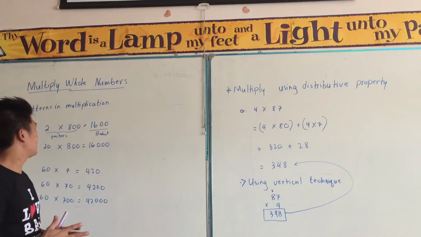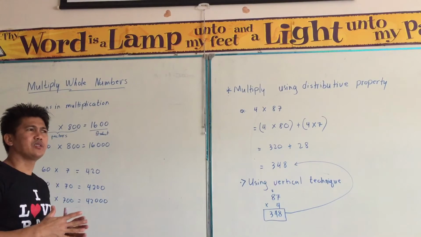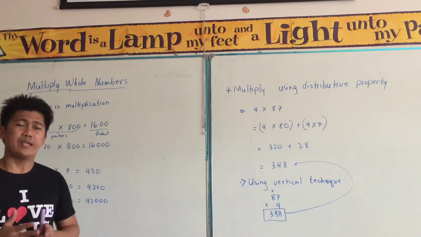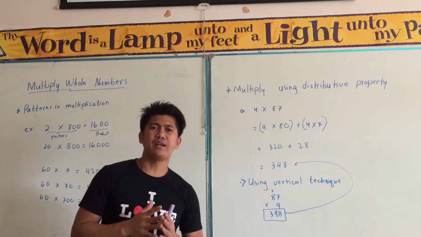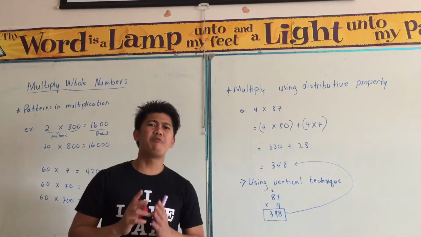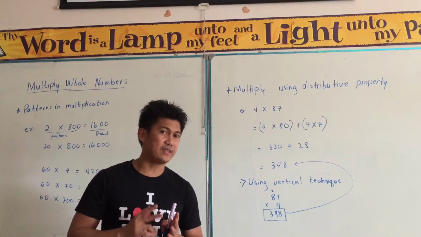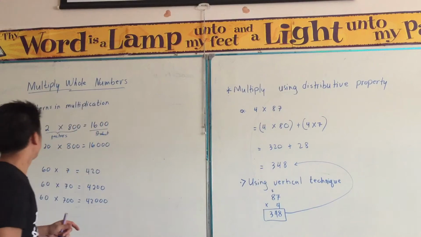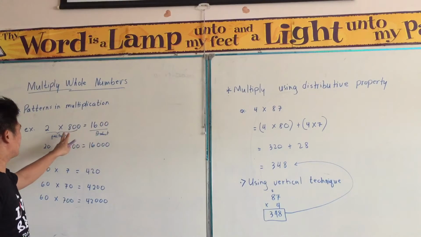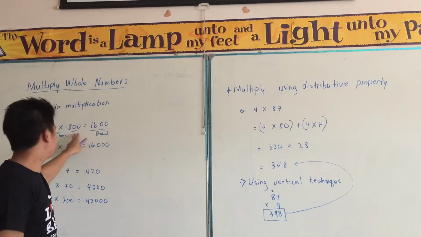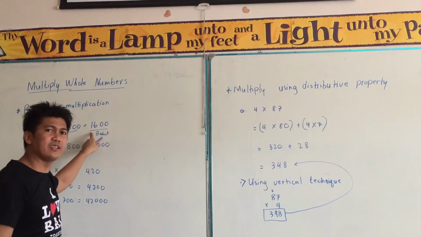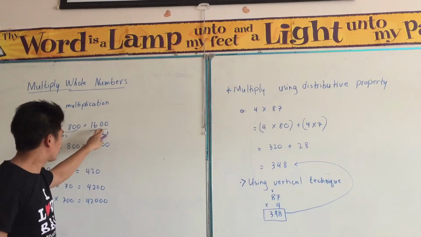So in a product, you just multiply the non-zero digits, and then count how many zeros you can find in the factors and write them there. For this, there are 2 zeros, right? So you just multiply 2 times 8 is 16 and write 2 zeros.